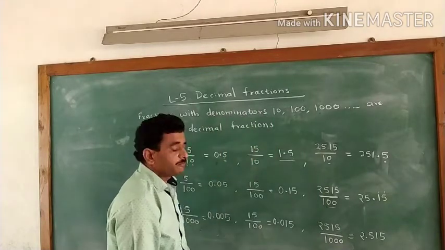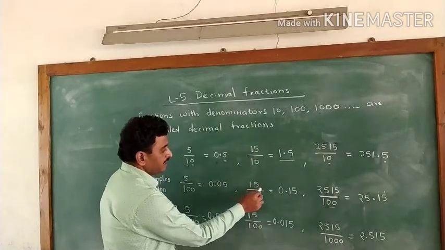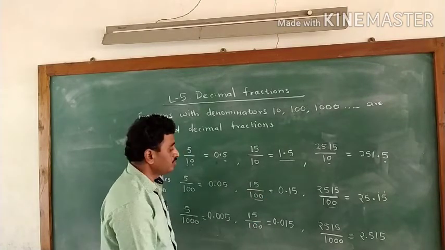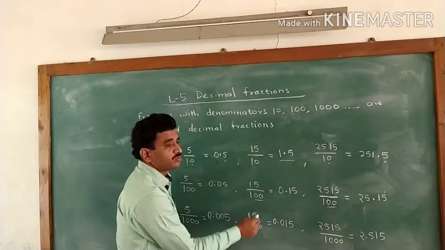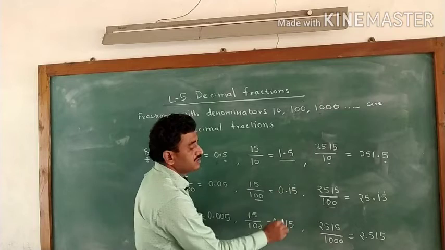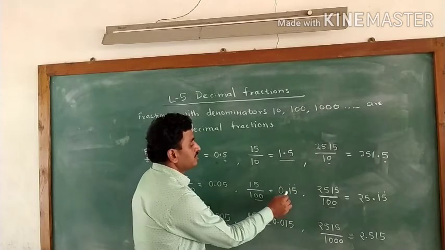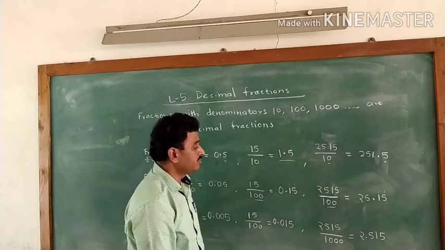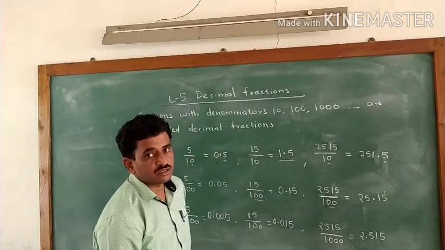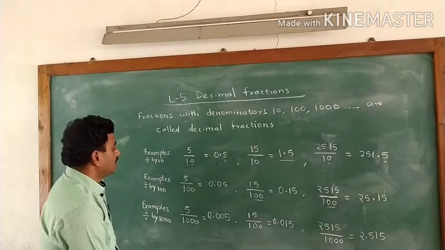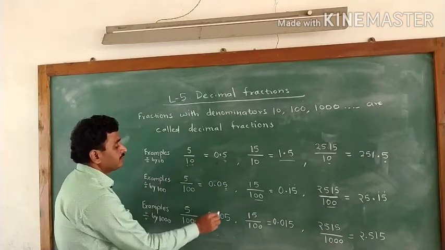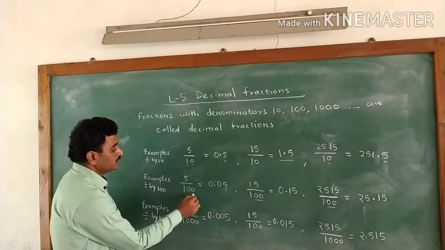In the same way, we have to write this 15 over here. We have to leave these 2 digits because 2 zeros are there. So this one digit, this is the second digit. Before this digit, we have to give a decimal point. Then we can write 0 if there is no number. Now for 5, we have to write here 5. Now how many zeros? 2 zeros.